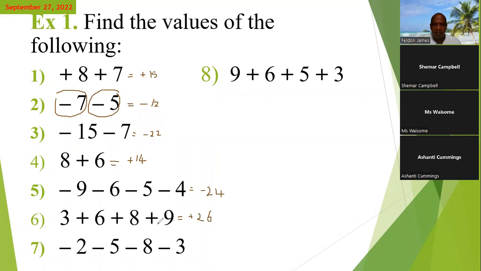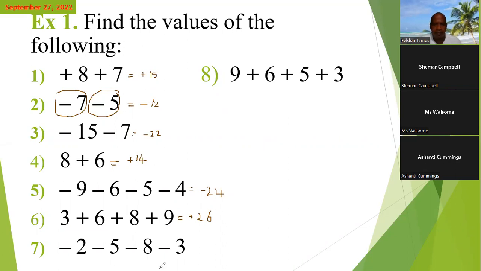Remember now, you can use the different rules to add. You can use the commutative rule, the order in which you add numbers doesn't affect their result. So you could say 6 plus 3 gives you what? 9. 9 plus 9 gives you 18. And 18 plus 8 gives you 26.